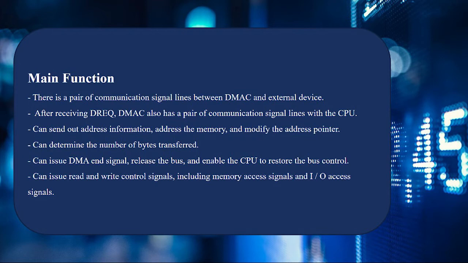It can issue the DMA end signal, release the bus, and enable the CPU to restore bus control. It can issue read and write control signals, including memory access signals and input-output access signals. There must be read and write control logic inside the DMAC.